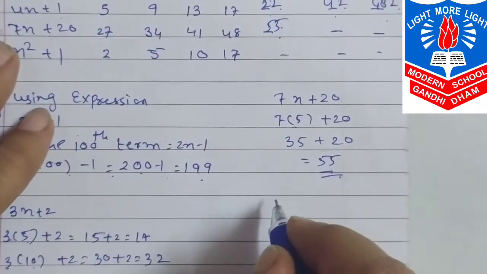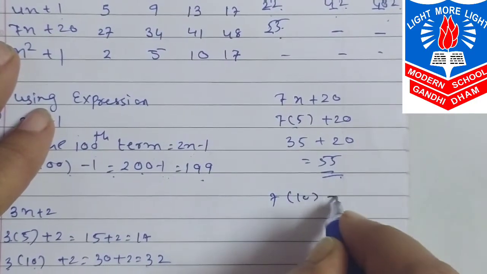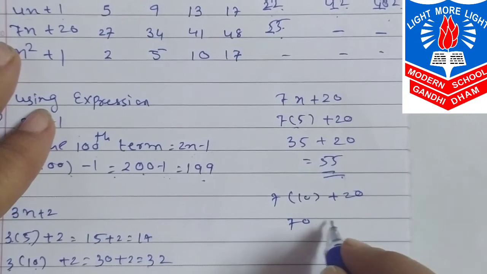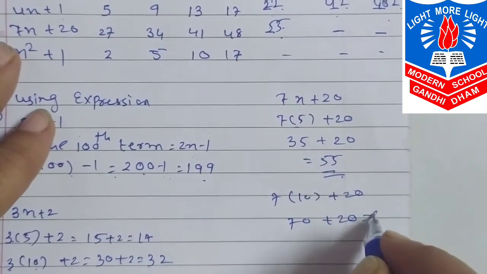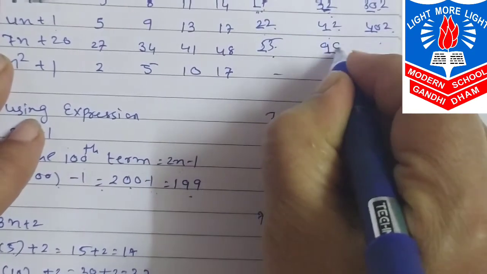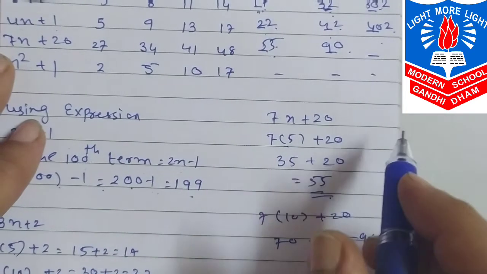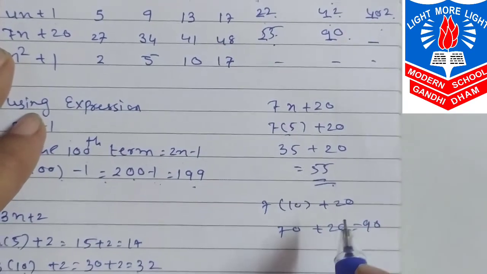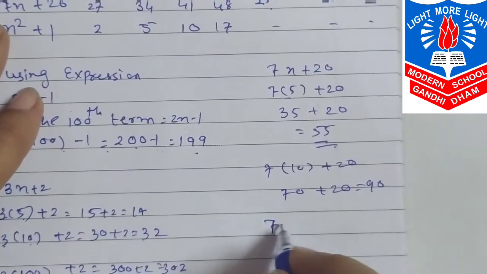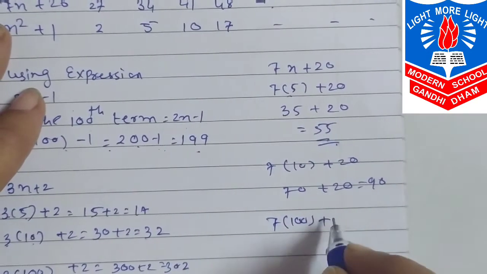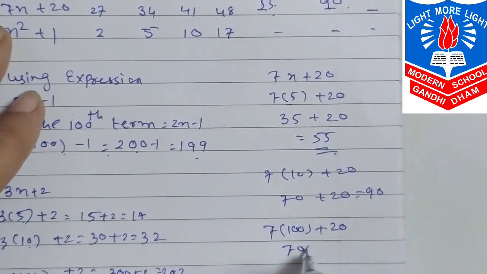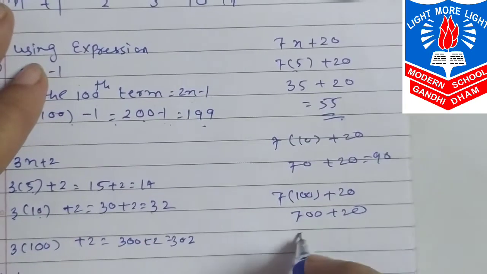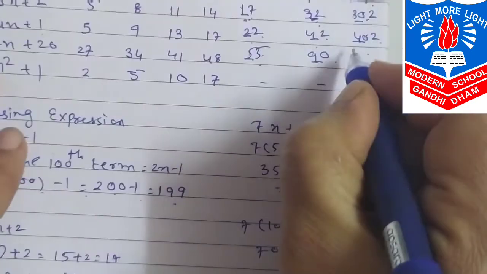Then the 10th value, 7 into 10 plus 20. So 70 plus 20 that is 90. So here how much will it be? That is 90. After that, 700 plus 20. So 700 plus 20 that is 720. So here how much will it be?